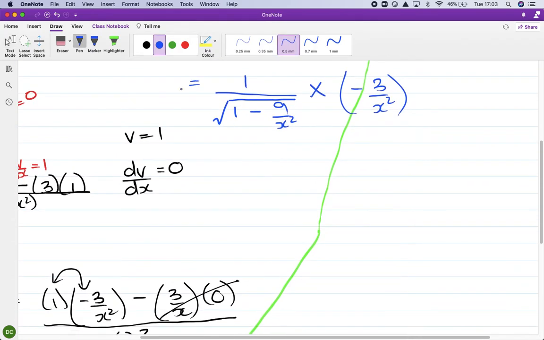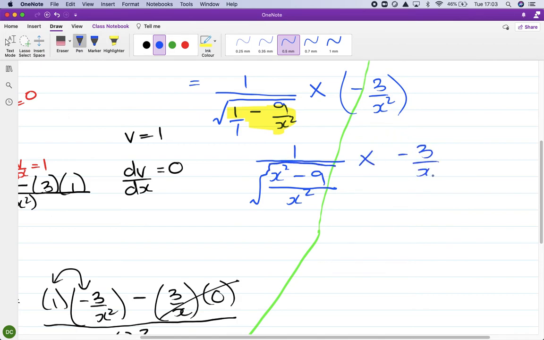Yeah? Okay, I'm going to do a common denominator on this bit here. So 1 over, I'm going to put this over 1, so the common denominator is x squared. 1 into x squared goes x squared times, minus x squared into x squared goes once. 1 by 9 is 9, and that whole thing is under a square root. And I'm going to multiply that by minus 3 over x squared.